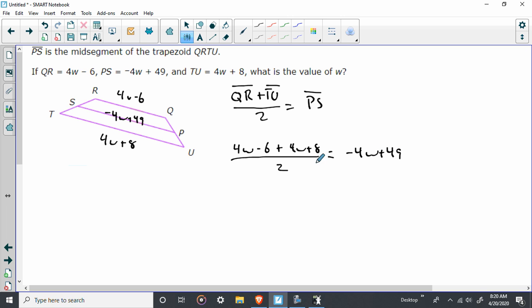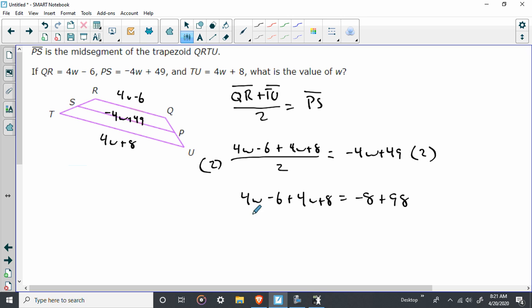Now here, if you want to divide by 2, yes, since these are all even numbers, probably not the worst idea. I'm going to stick to multiplying by 2 on both sides. 4W minus 6 plus 4W plus 8 is equal to negative 8W plus 98. Okay. What do we got?